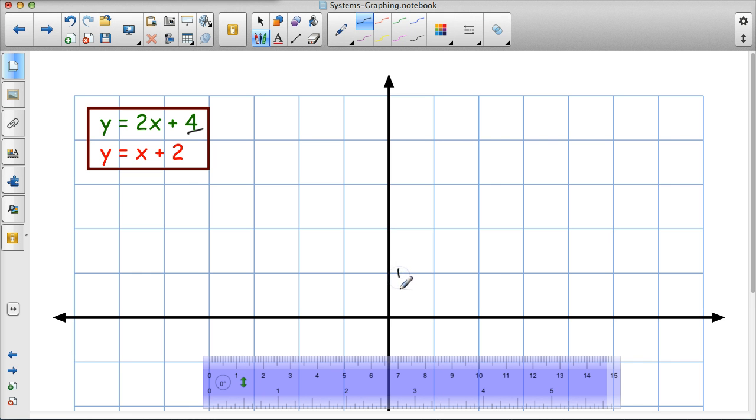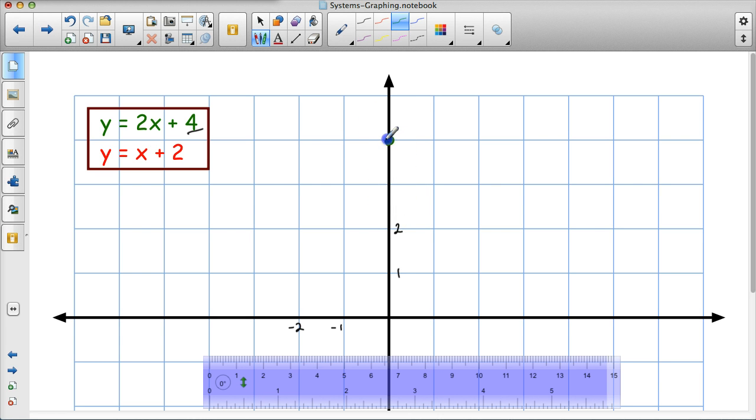So this would be the point 0, 1, and this would be the point 0, 2. I also want to label my x-axis. So this would be the point -1, 0, and this is the point -2, 0. Now I know that I'm counting by ones. So I can graph my point 0, 4.